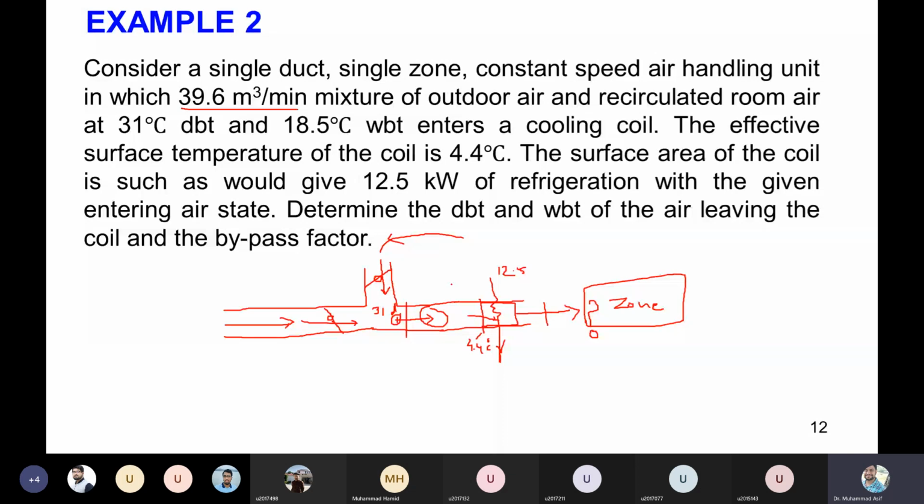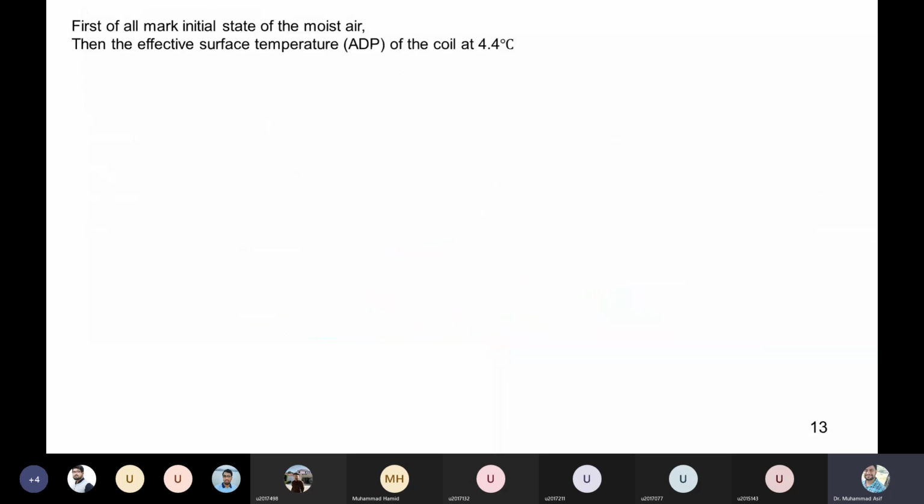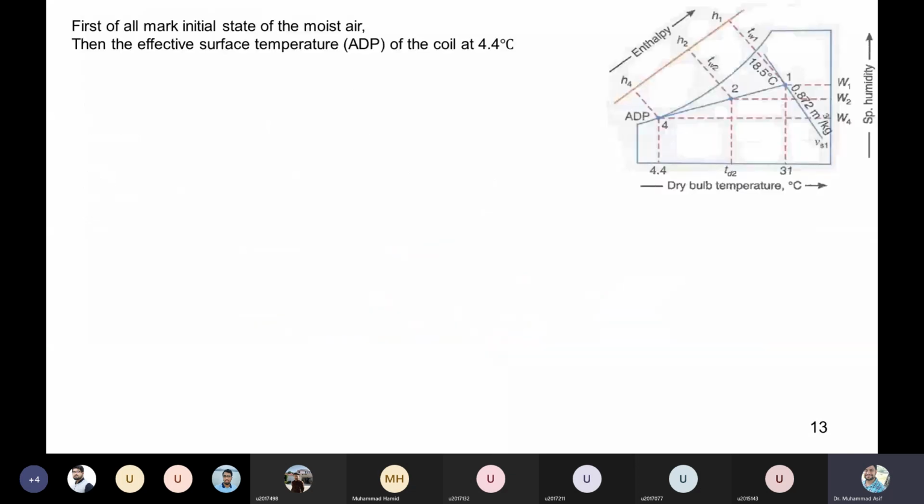So that's very simple, I think, on the psychrometric chart. Let's mark these points. This is the first point, the point for the mixture of the outdoor air and the returned air. For that case, two properties are given: the dry bulb temperature and the wet bulb temperature. One value is 18.5, another is 31 degrees C. So we can locate point 1.